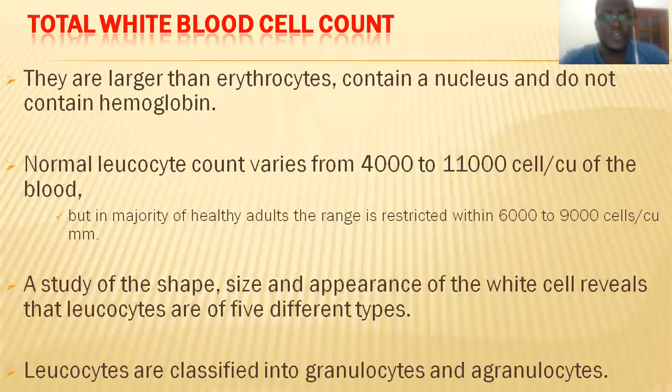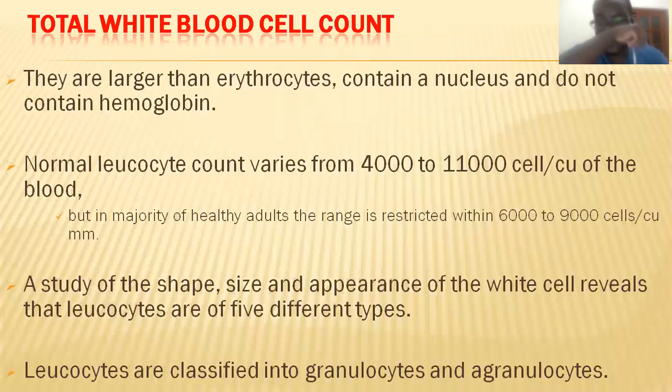In terms of normal count, depending on the textbook you're using, the normal range for total white blood cells should be 4,000 to 11,000 cells per cubic millimeter of blood, or per microliter of blood. But certain textbooks will give you a different range, maybe 5,000 to 10,000.